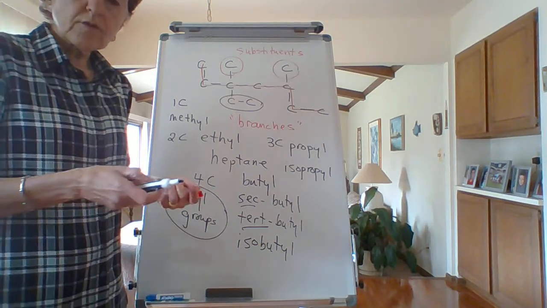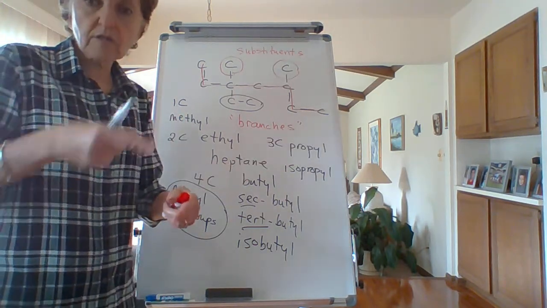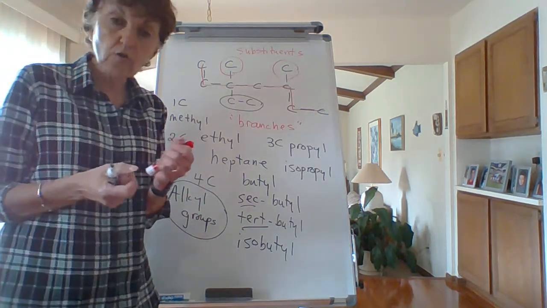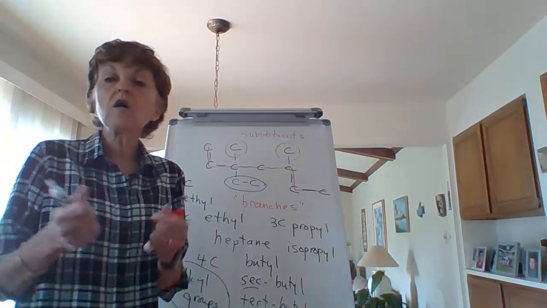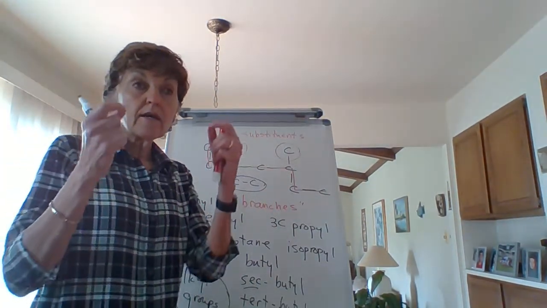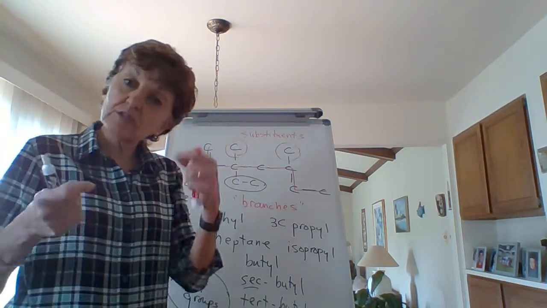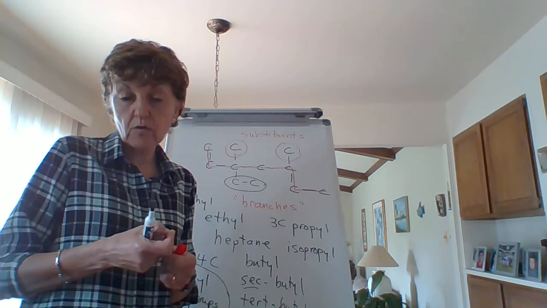The next rule, aside from finding the longest parent chain and circling all the substituents, is to number your alkane, number your molecule, so that the carbons that have the substituents attached to them get the lowest possible number. Okay?